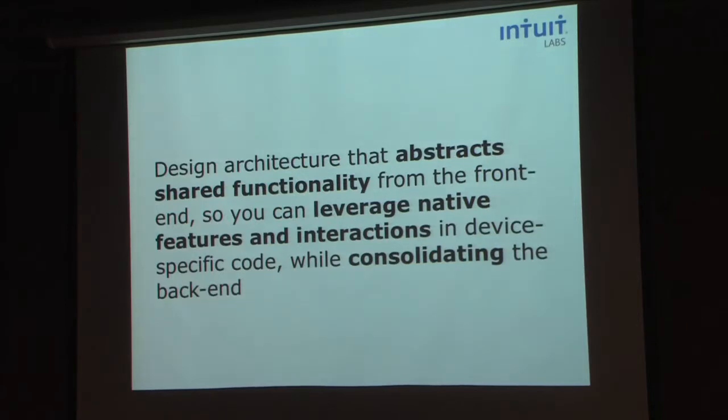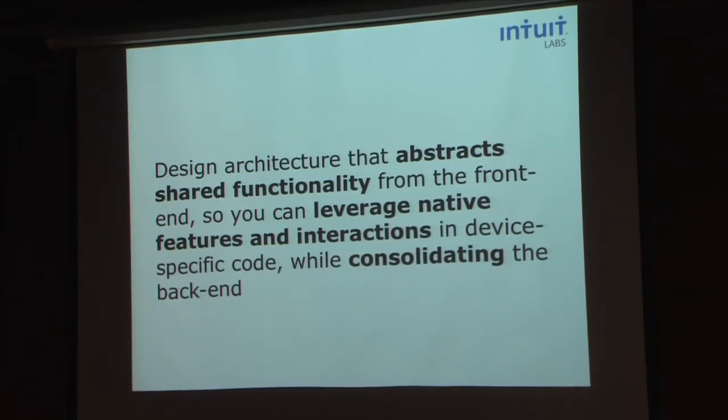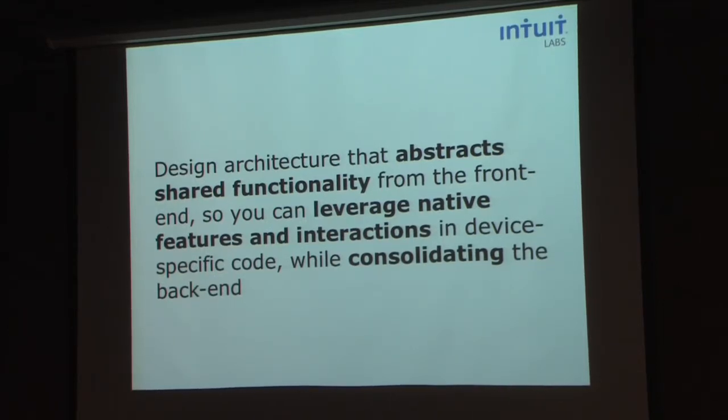So now we're at the point where we need to think about design more closely and how we're going to implement. And the same sort of model that we've all been mentioning in the different demos. The demos really showed us 2 ways to get there, but just in general, it's all about abstracting shared functionality. You don't want to be coding stuff that can be shared multiple times. So you want to leverage the native features, native interactions.